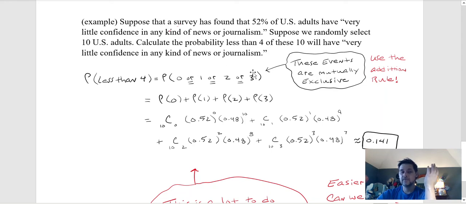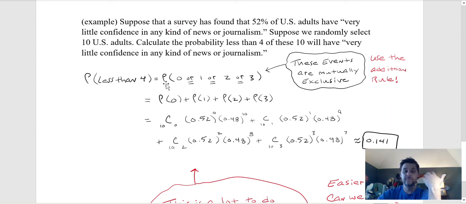So none of these can both happen at the same time, such as having 0 out of the 10 be the result, or 1 out of the 10 being the result. Because of that, we use the addition rule, which means the probability of 0 or 1 or 2 or 3 is the probability of 0 plus the probability of 1 plus the probability of 2 plus the probability of 3. And that would encompass the whole thing.